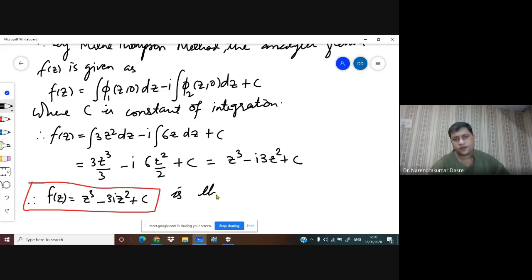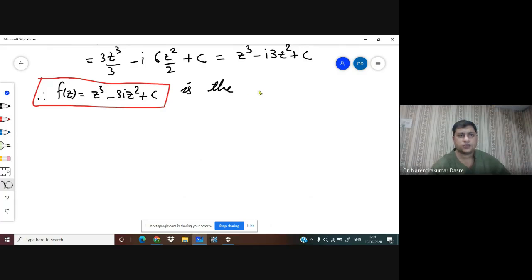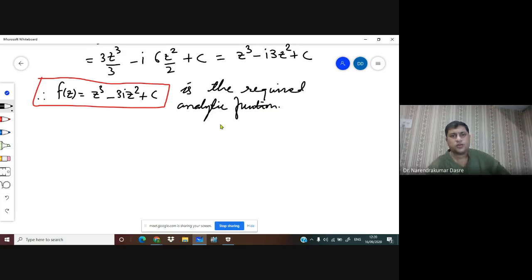So we can say this is the required analytic function. So we got the second part of the example completed here.